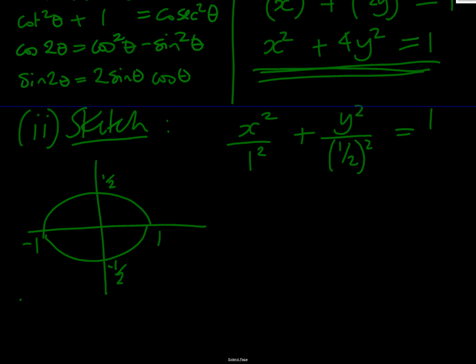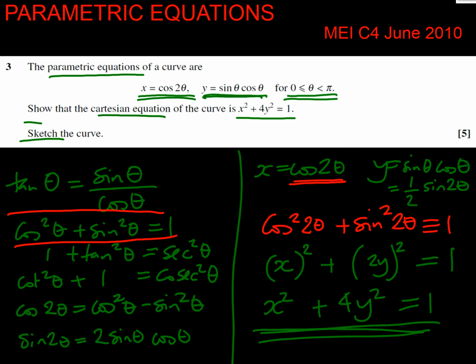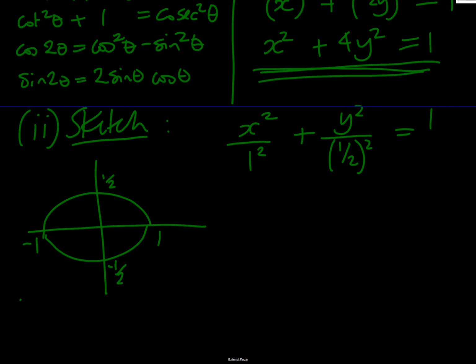There we are. We need to check whether it's the full ellipse or not. So let's go back and look at what they gave us here at the start. They gave us a domain for theta, didn't they, between 0 and pi. So if our domain for theta was between 0 and pi, therefore we're using 2 theta here, aren't we?